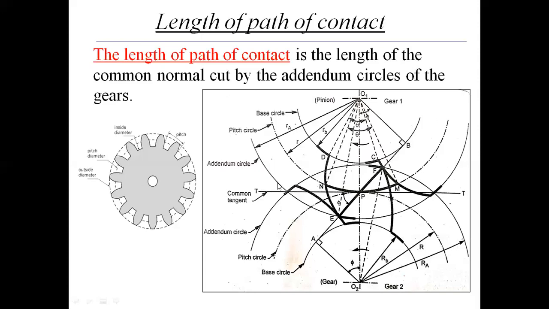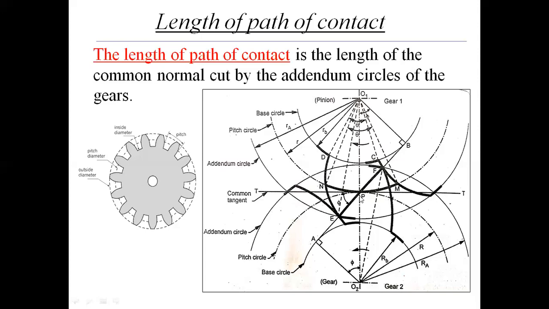So this common normal line is cut by the addendum circle of the pinion at point E, and this common normal line is cut by the addendum circle of the gear at point F. So when the line AB, which is the common normal line, is cut by both the addendum circle of the pinion and the addendum circle of the gear, that distance is called the length of path of contact, EF or FE.